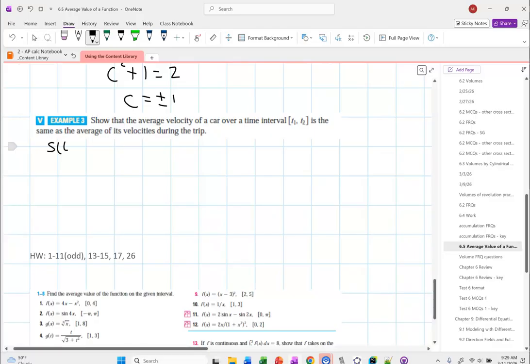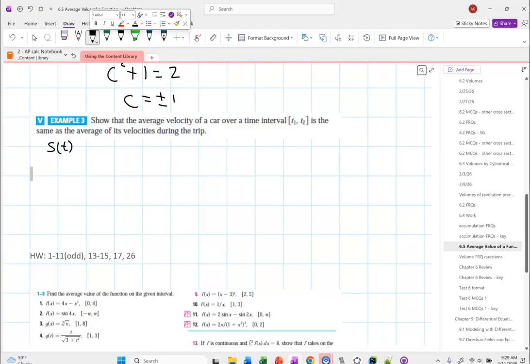So let's say we have some position function s of t. So our average velocity should just be our change in position divided by change in time, right?